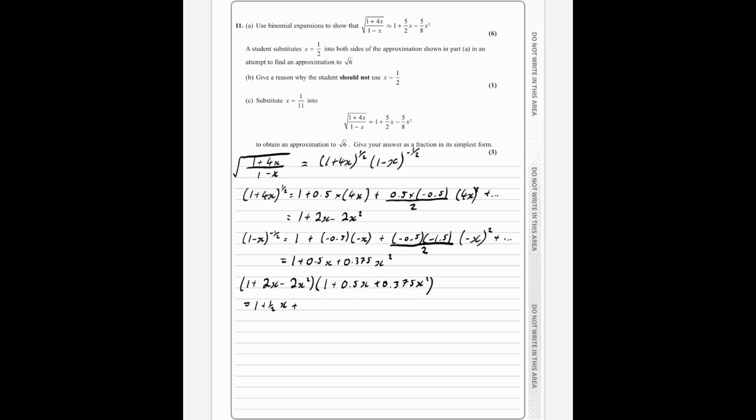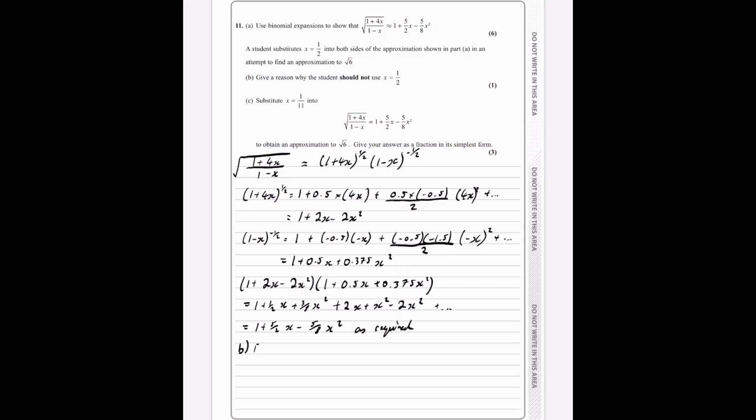So I'm just going to ignore all of those and just multiply the 1 by all of the parts on the right. I switched to fractions here just to make it look a little bit tidier. And then the 2x by just the first two, and then the 2x squared just by the first one. But any order that simplifies eventually to 1 plus 5 over 2x minus 5/8 x squared is correct, and that's what the question wanted us to show.